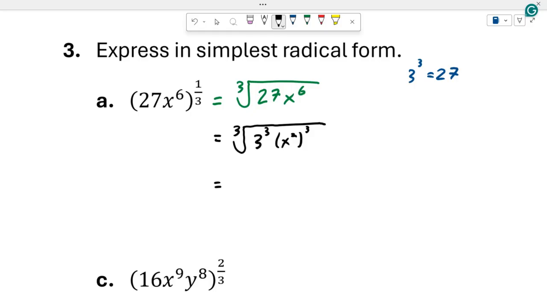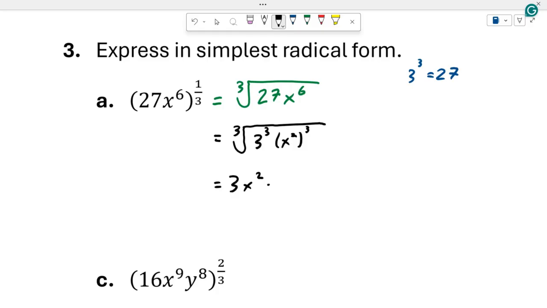When I pull the 3 cubed out in front of the cube root, I'm left with just a single 3, no longer underneath the cube root. Likewise, I have x squared to the 3rd power, so when I pull that out from the cube root, I just have a single x squared.